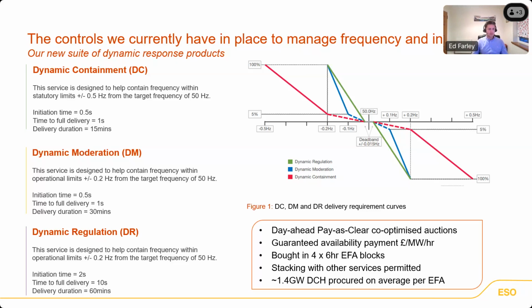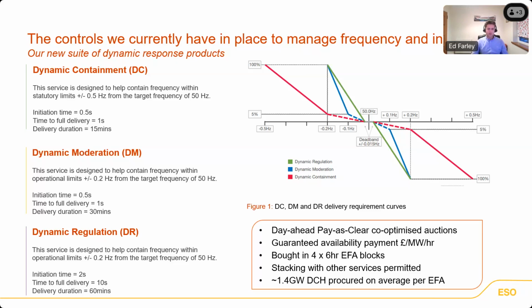Dynamic containment is the fastest of our services. There is an initiation time of half a second, full delivery within a second, and a delivery duration of 15 minutes. So these are required to catch the really big faults on the grid when frequency is straying outside of operational limits towards those statutory edge cases.